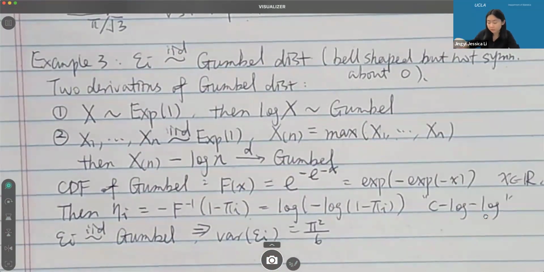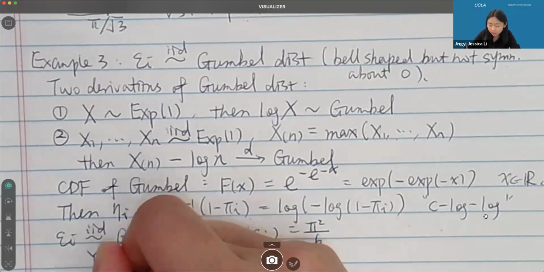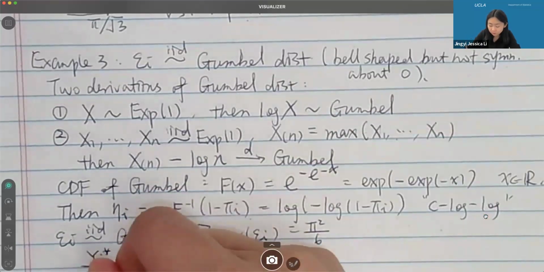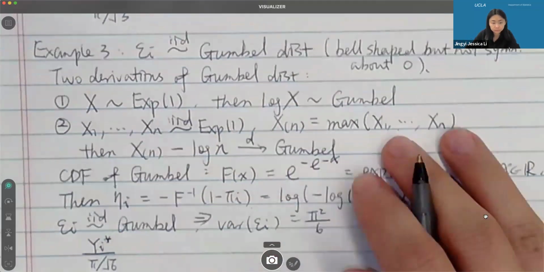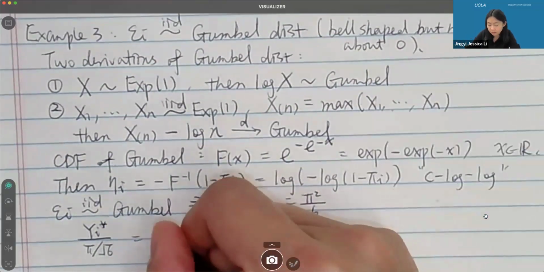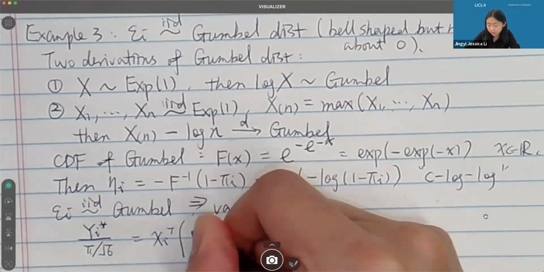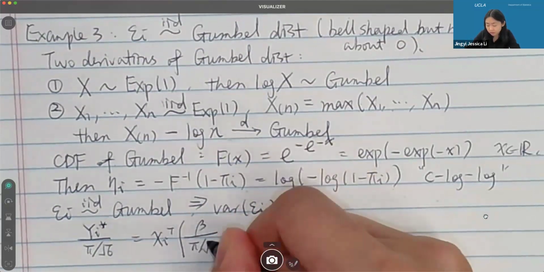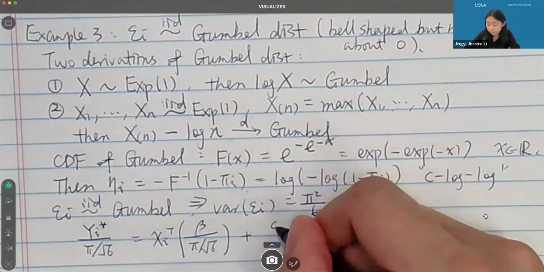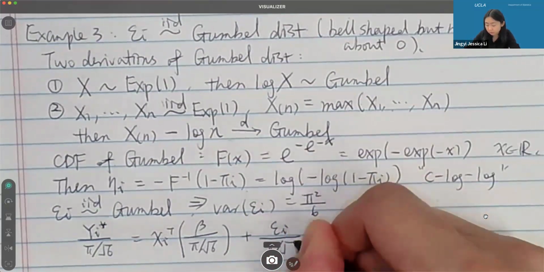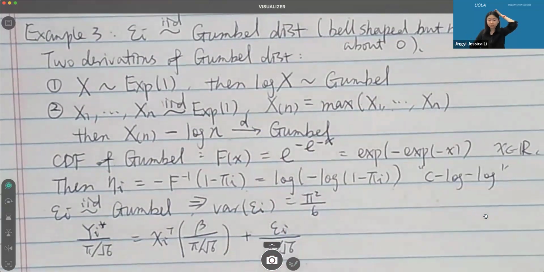So if you want to compare it to the probit regression, you standardize y i star by pi over root 6: x i transpose beta over pi over root 6 plus epsilon i over pi over root 6. That's it. This model actually has a very interesting name in some literature, called the hazard model.